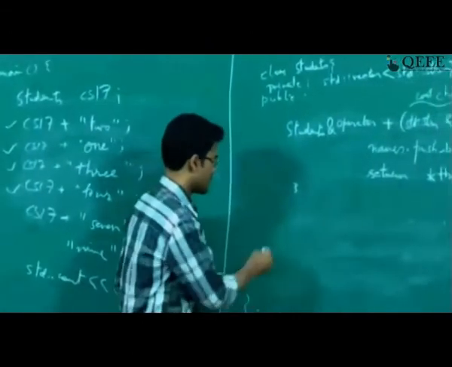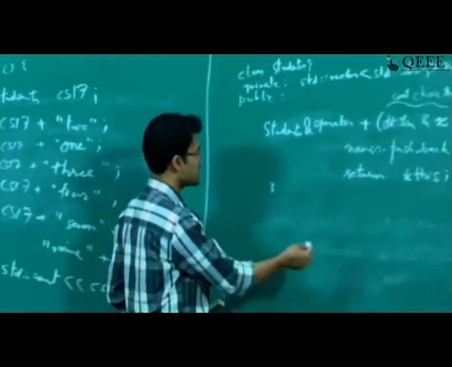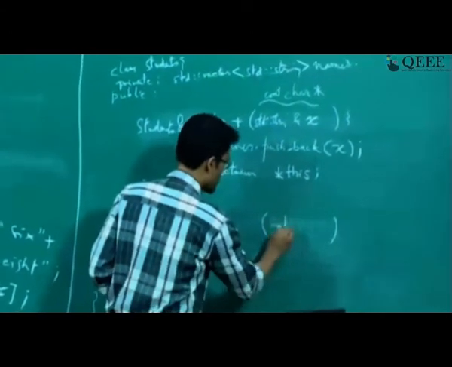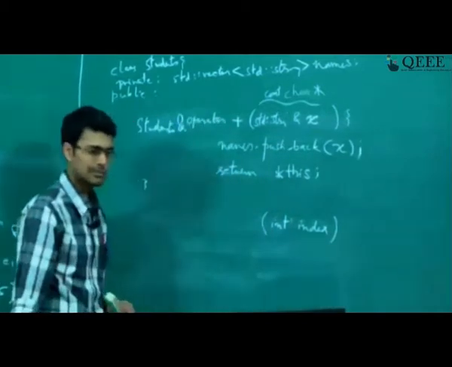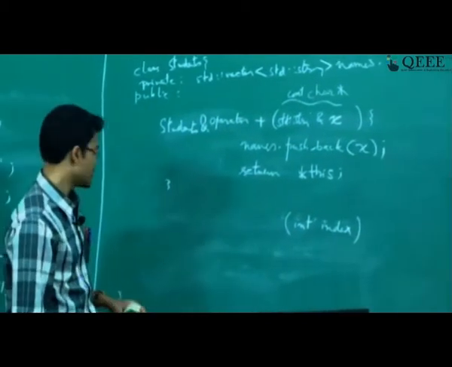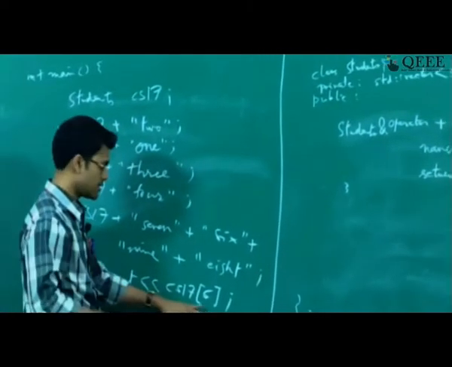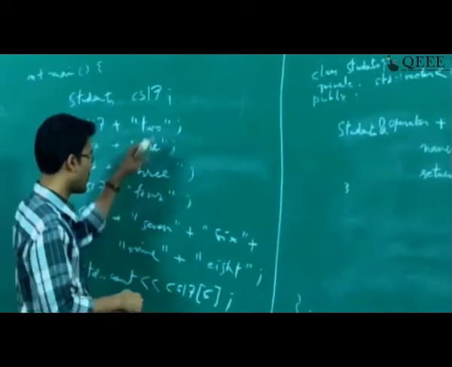This subscript operation should take what? Since it is inside the class, it takes just one parameter which is of type integer index, and it should return what? It should return the 7th element, this CS17 of 6, so it should return the 7th element of what we have added.